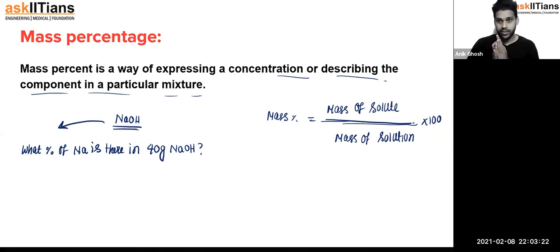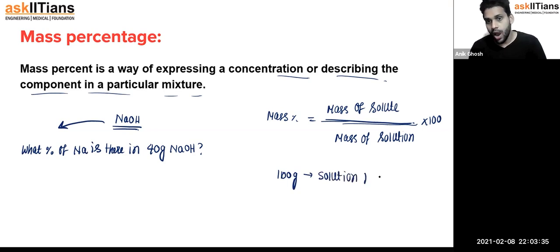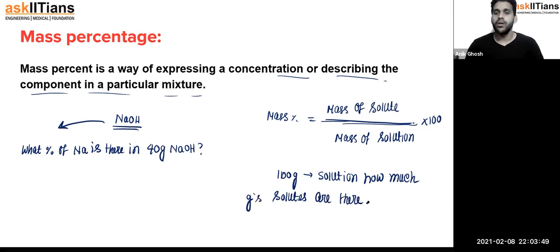That is called mass percentage. In 100 grams of solution, how many grams of solute are there? This is called mass percentage.